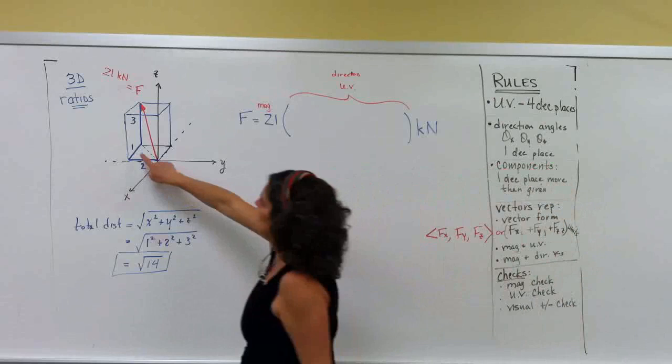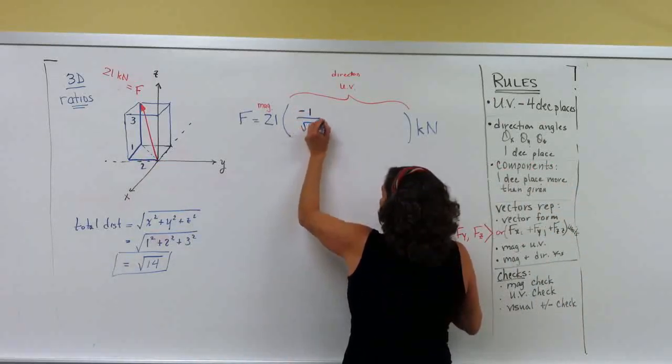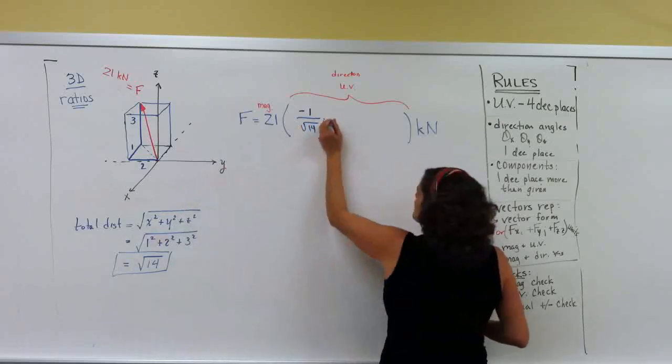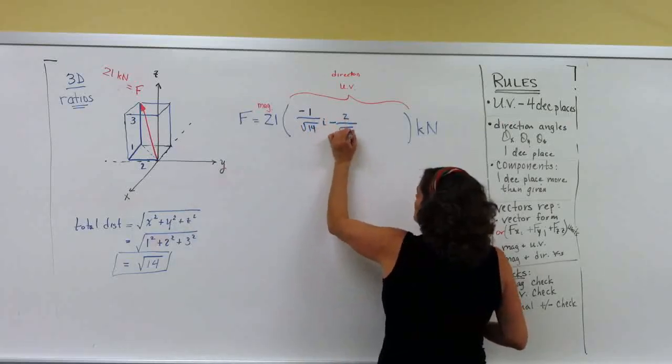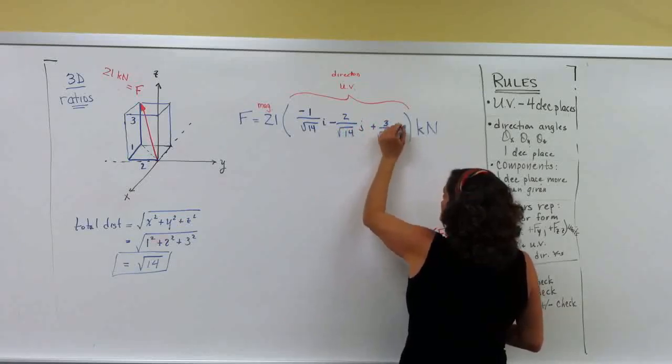So we said that in the x, it was -1 over radical 14 i, in the y, -2 over radical 14 j, plus 3 over radical 14 k.